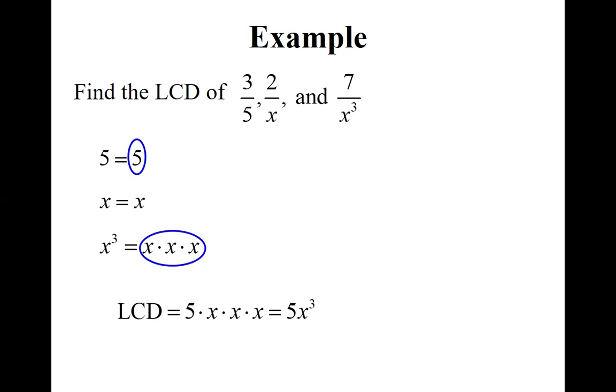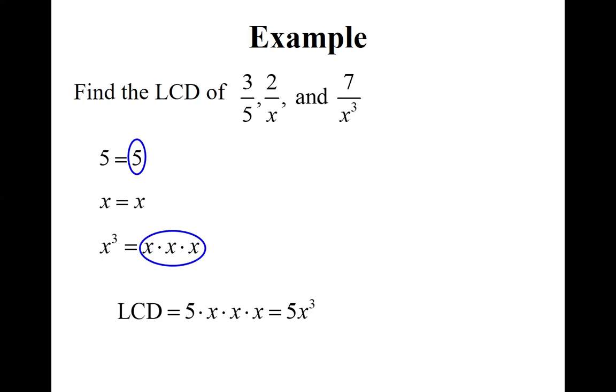So when we're looking for the LCD of these three fractions, we're actually looking for the least common multiple, the LCM of 5, x, and x cubed. But for simplicity's sake, we've just been calling everything an LCD, whether we're looking at a fraction or at a list of numbers.